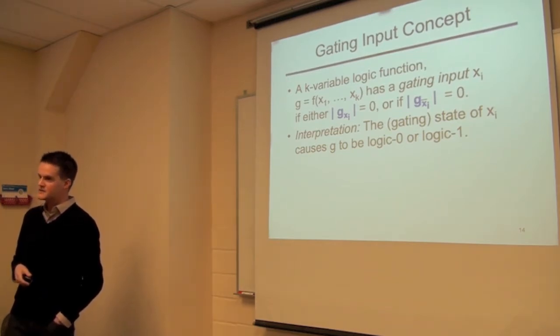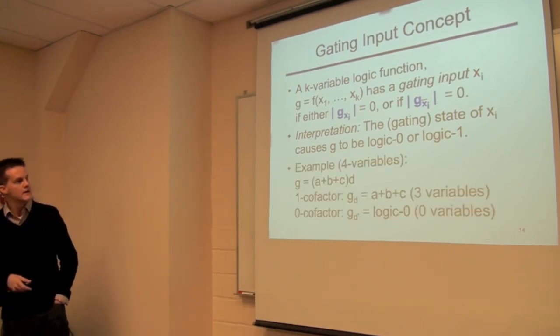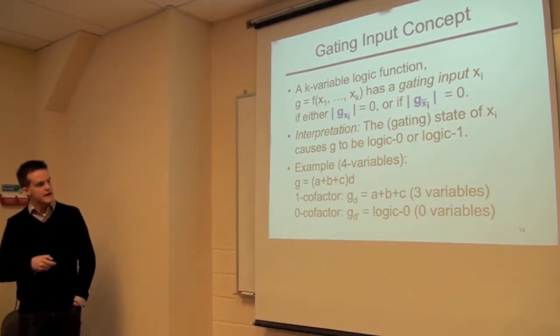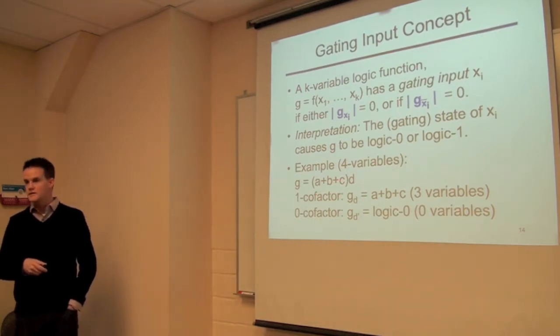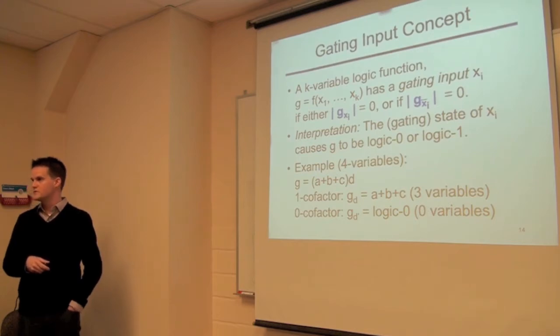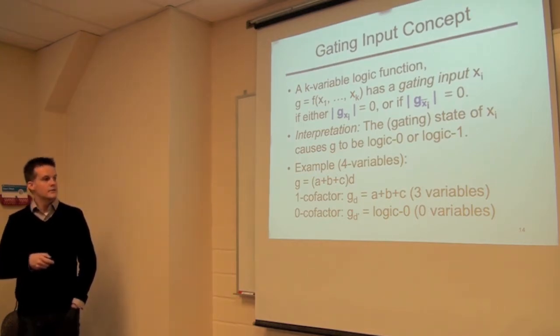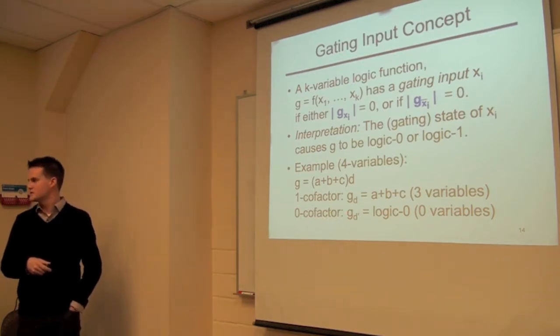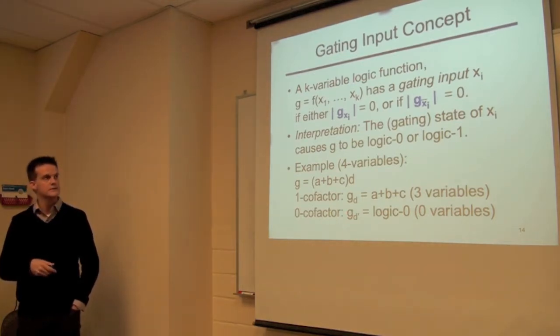It's like an AND gate, for example: if any input is 0, the function is 0. Example, 4 variables: a and b, or b or c in brackets, and d. If we do the Shannon decomposition with respect to d, the 1 cofactor has 3 variables. The 0 cofactor is just logic 0, with 0 variables.